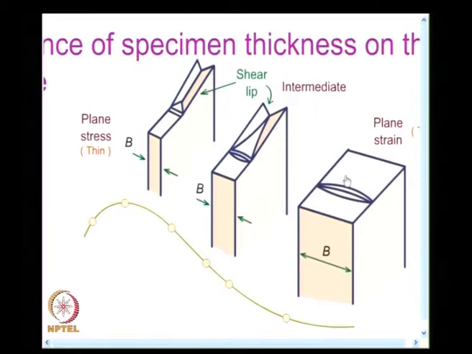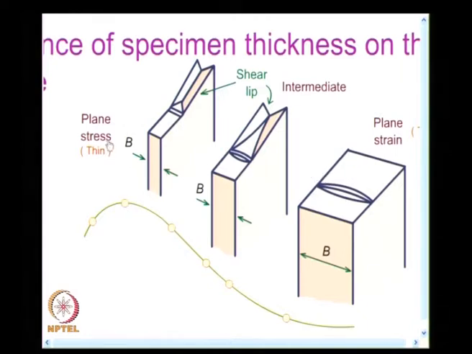The moment you come to a thick specimen where you could ensure plane strain situation, you will have a flat surface, and this is taken as a material property. The value of fracture toughness under plane strain condition is taken as the material property.